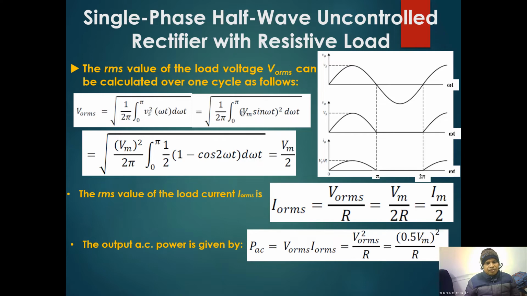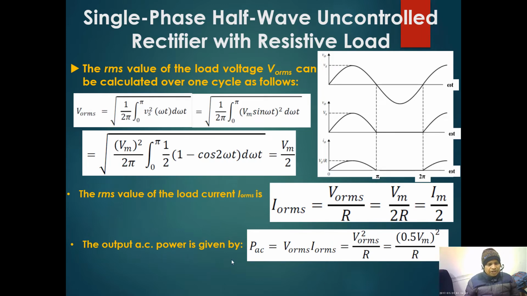By putting the value of Vs here, you will get this equation, which gives Vm by 2. So the RMS value of the load current is V0 RMS by R, which is Vm divided by 2R.